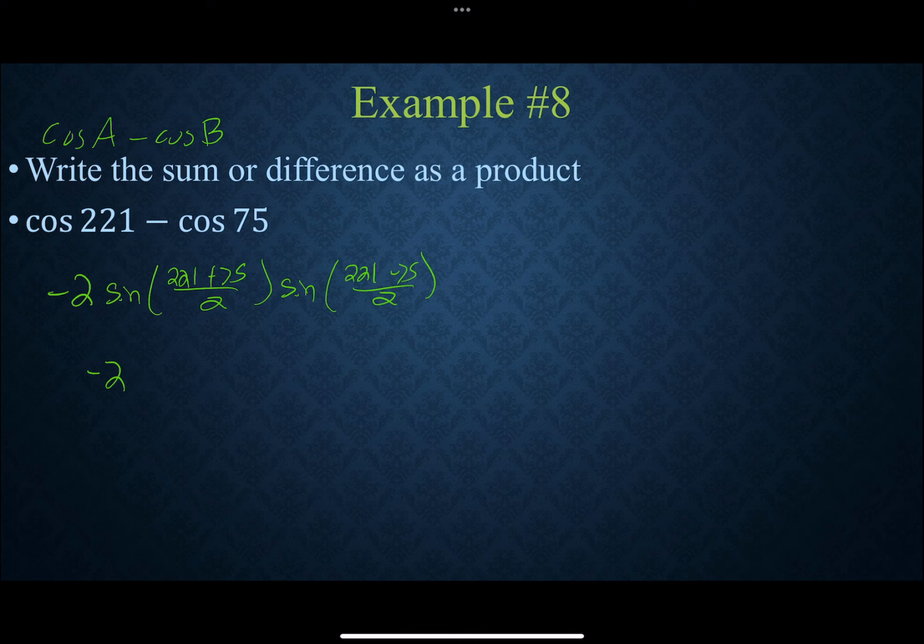So our 221 plus the 75 is 296, divided by 2 is 148, so sine of 148. And then for the other one, the 221 minus 75 is 146, divided by 2 is 73, so sine of 73. Neither angle is negative. Nothing more I have to do there.